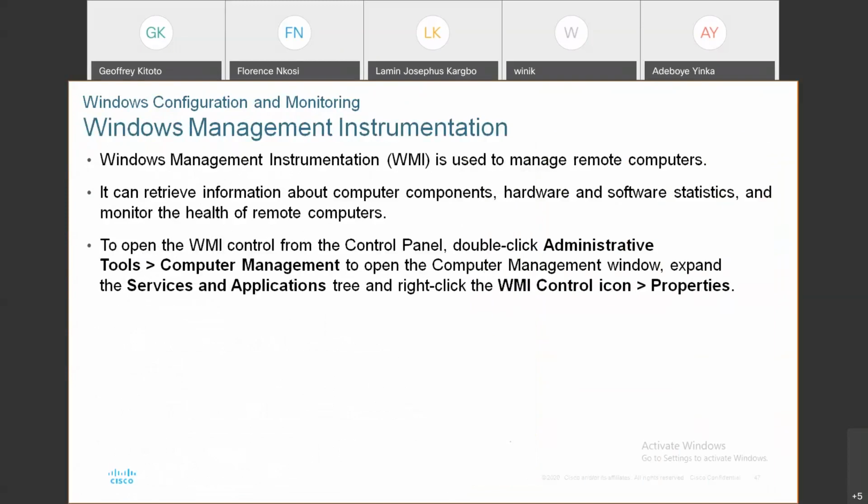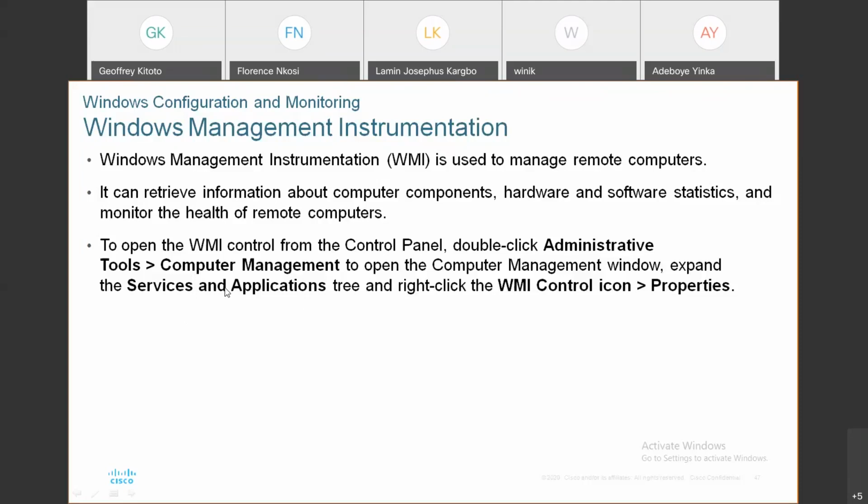You who are familiar with Windows Management Instrumentation on Windows know this one is used to manage remote computers. It can retrieve information about computer components, hardware, and software statistics, and monitor the health of remote computers.